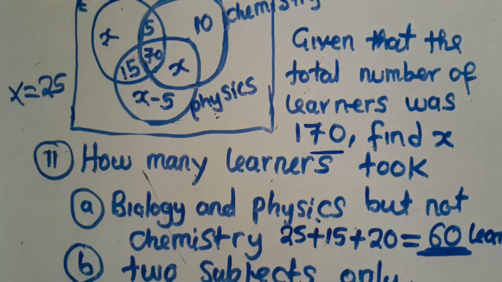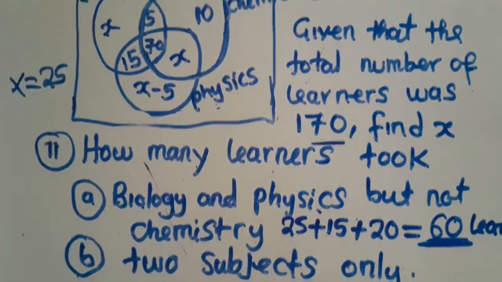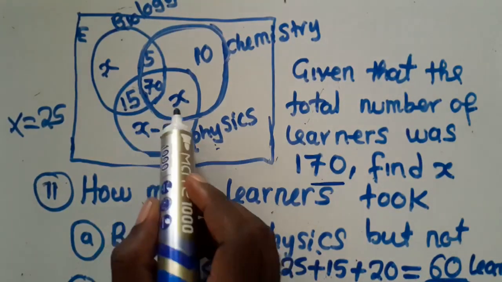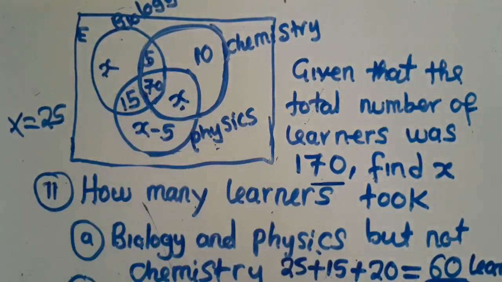60 learners. And then here it is saying 2 subjects only. Those that took 2 different subjects only. I already showed you how to go about this. You just say this is 25 plus 15 plus 5. These took 2 different subjects only.